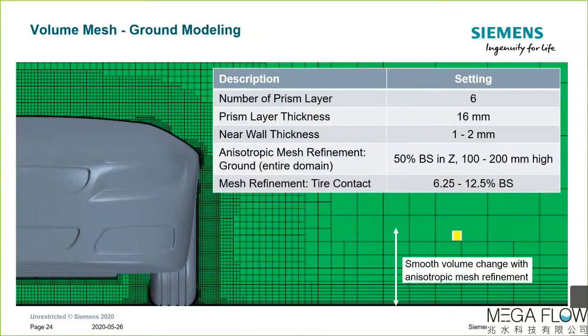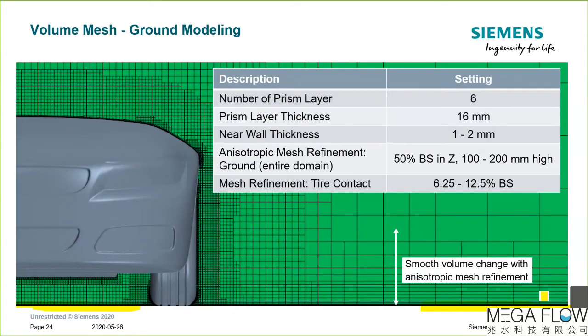Another important aspect is volume change. You have to make sure that you have a smooth volume change between the different cells everywhere in the domain. As you can see here at the ground, I recommend to create a couple of prism layers there. That's especially important below the car, but also when you are far away from the car, you have to make sure that you have a smooth transition.